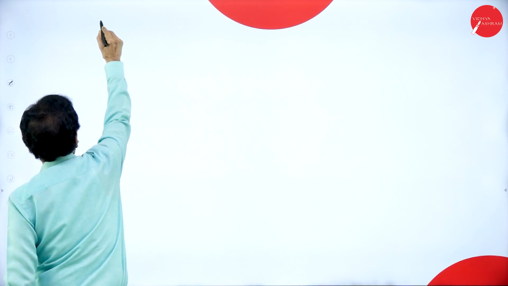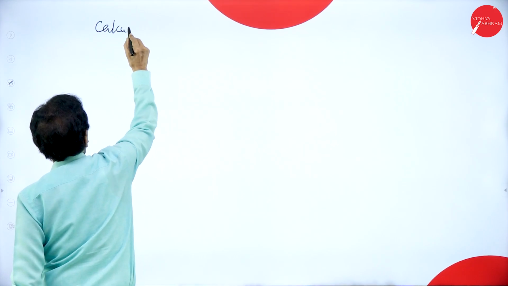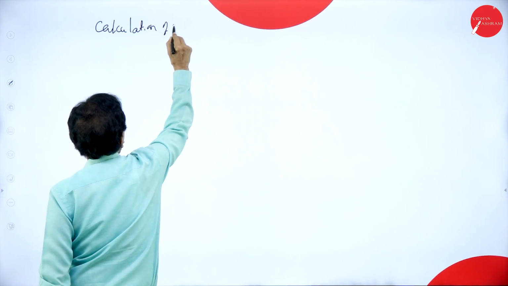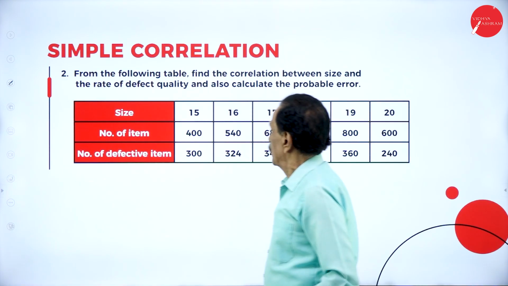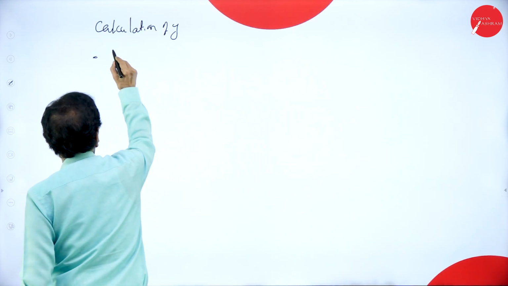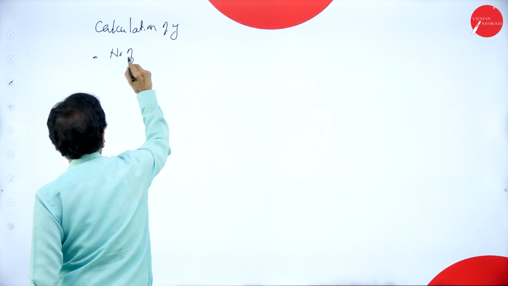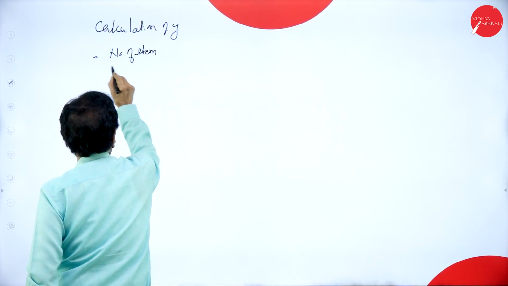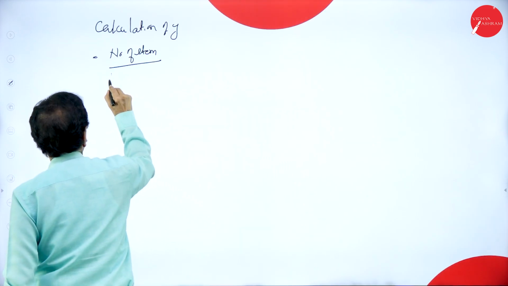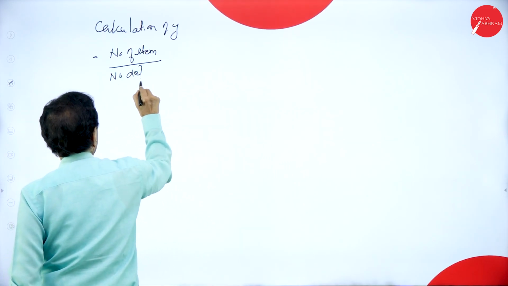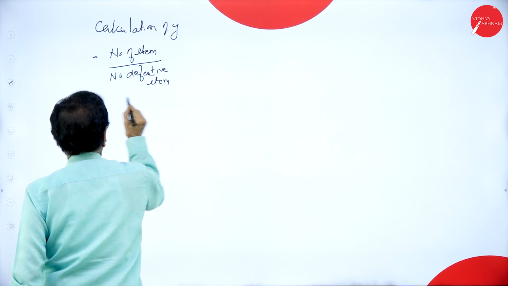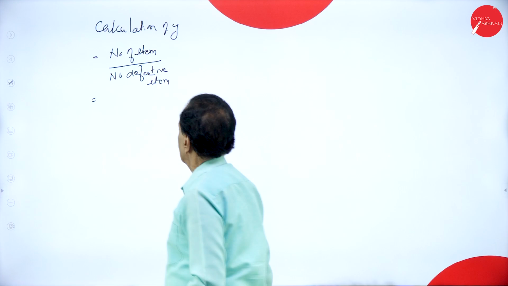Calculation of y. We'll go with number of items and defective items. Defective items divided by number of items. One by one. What is the first one?